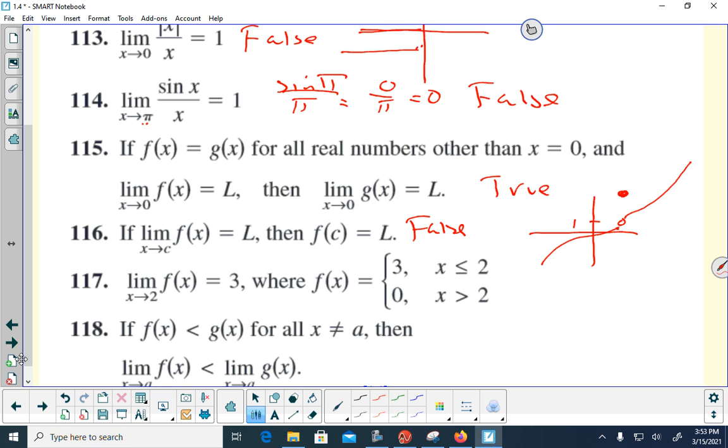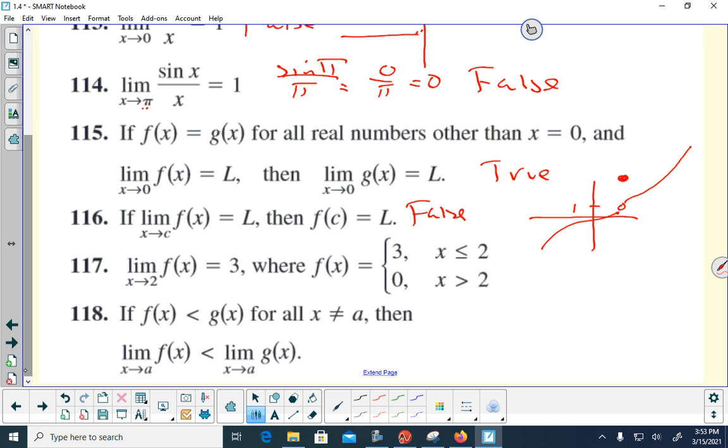Number 17, f of x is a piecewise function. The limit of f of x as x approaches 2 is equal to 3. No, that is not the case. So here, on this graph, when x is less than or equal to 2, my function is 3. So my graph goes like that. And when x is greater than 2, it's 0.